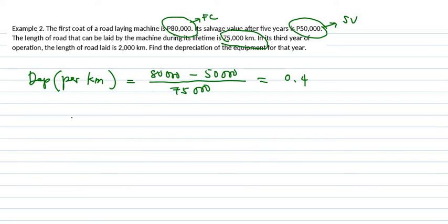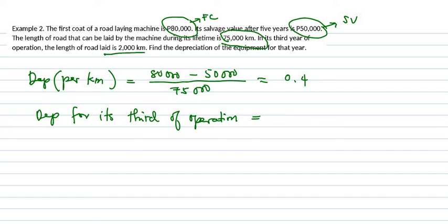Thus, for the depreciation of that equipment for its third year of operation, in its third year of operation the length of road laid is 2,000 kilometers.